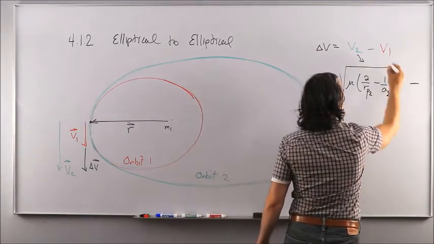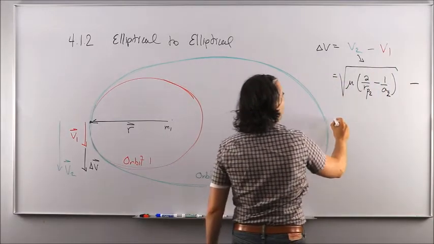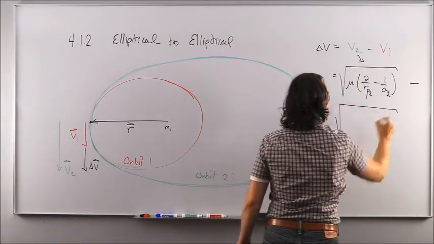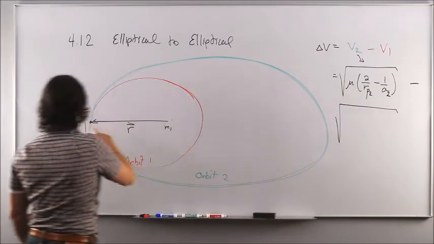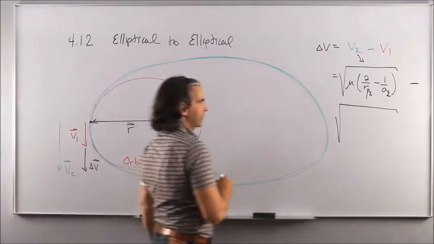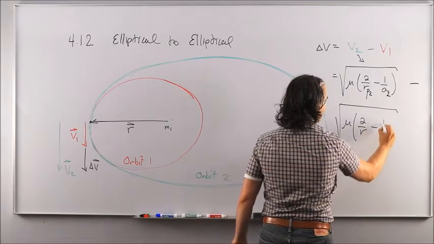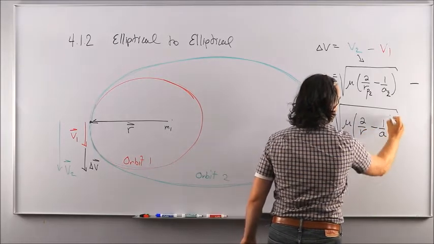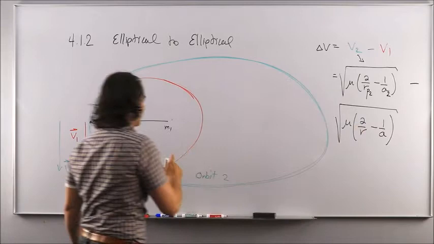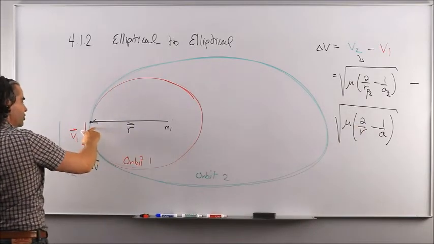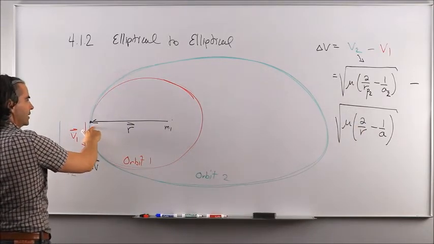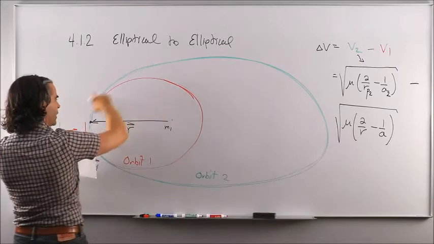Then minus the speed along the initial orbit, which is orbit number 1 at that point. So this is an ellipse. I'm going to use this vis-viva again, in its most generic form, 2 over r minus 1 over a. Now the point of application along orbit 1 was its apogee, right? Just look at the red ellipse.